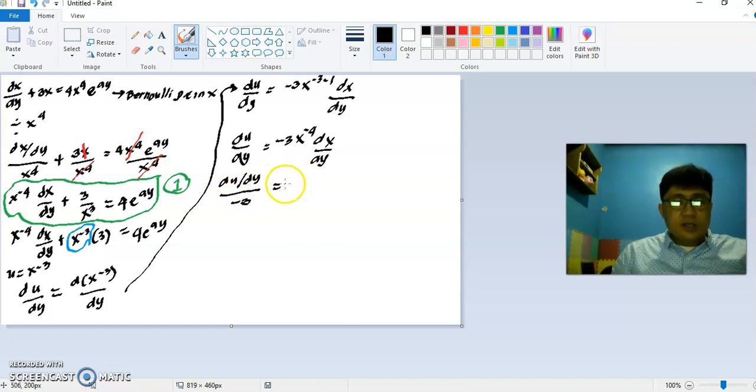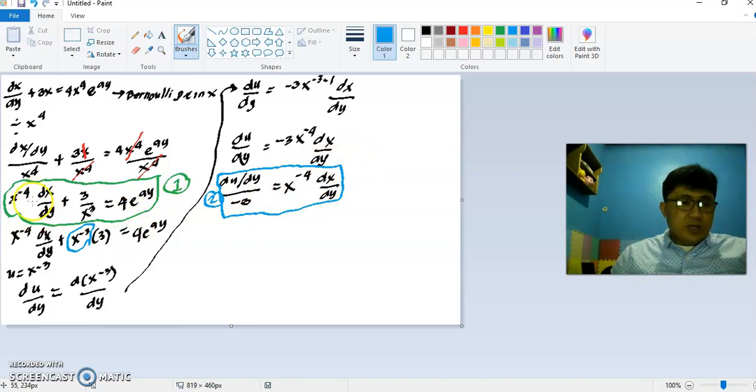So what remains here is x raised to the power of negative 4 dx over dy. So let's just name this one as our 2. So if you could see, we now have this form. We can substitute it here.